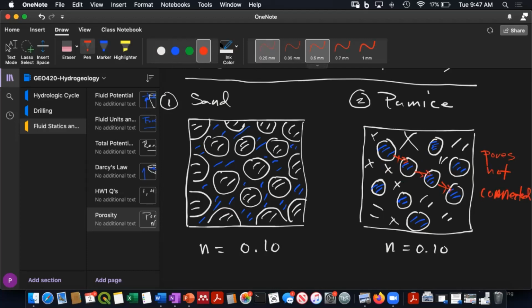All right. Conversely, in my intergranular porosity, I have pores connected by pore throats. And there's travel paths through this porosity.